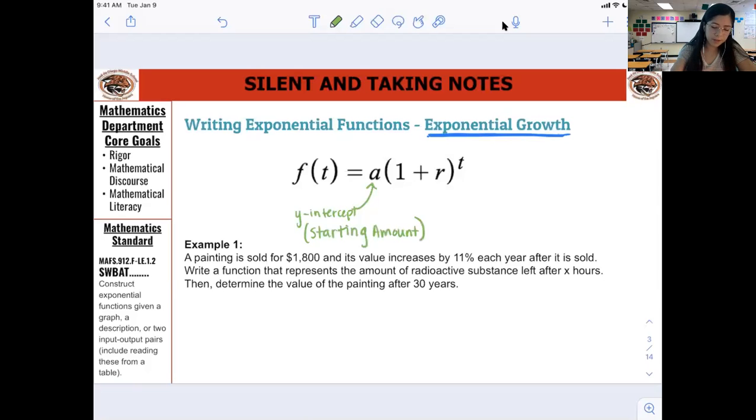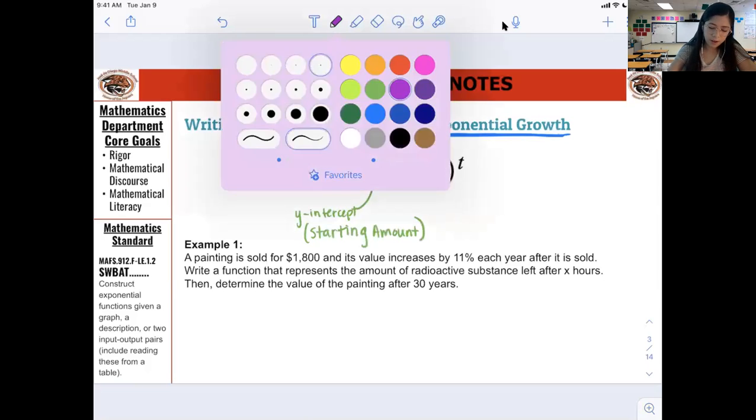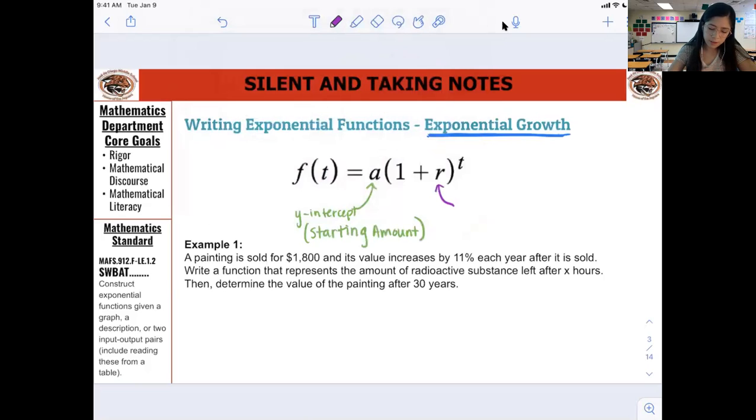It's the starting amount. Now R is the growth rate. Still the growth rate. But what's important about the growth rate is that you're going to see a percentage and you're going to want to turn it into a decimal. Because of what we just said, you can't add a percentage to the number 1. You have to turn it into a decimal first.